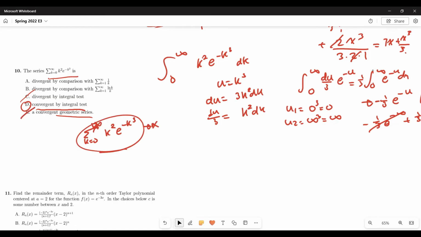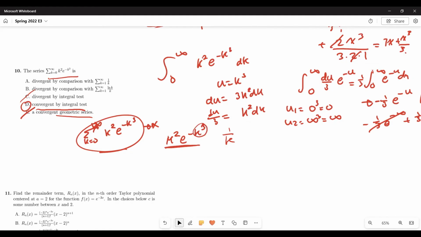And then the comparison test, let's see that. So k squared e to the negative k cubed. If you compare it with 1 over k, how are you going to compare it? This is not in the format of 1 over k, since this is not in the denominator.